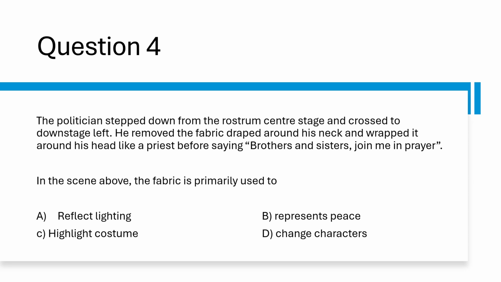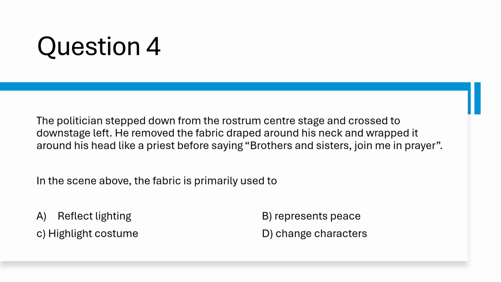Now, when he got to downstage left, he was still the politician. However, he had a fabric draped around his neck. Yes, as a politician, because it said it there, he removed the fabric that was draped around his neck.